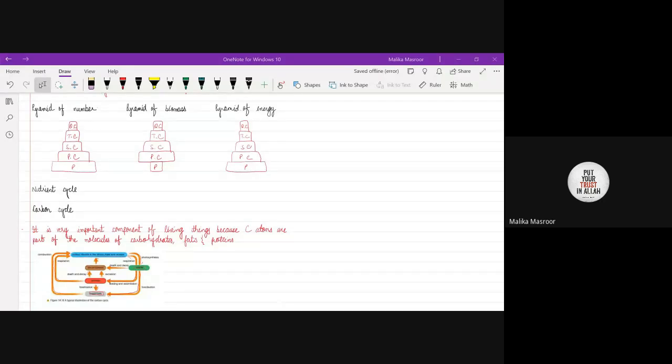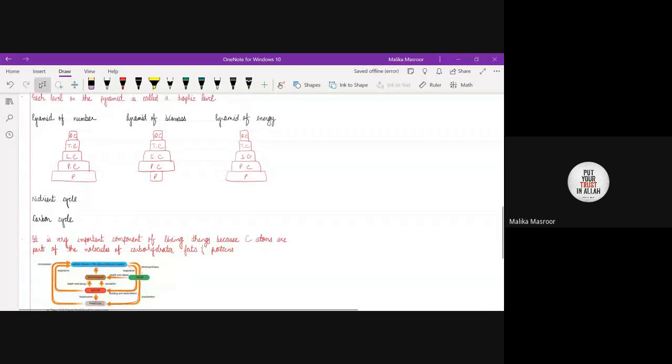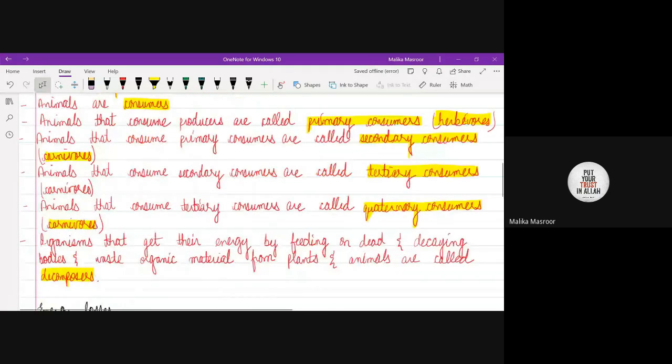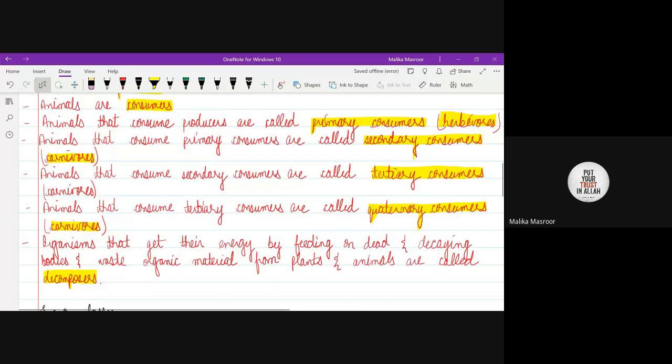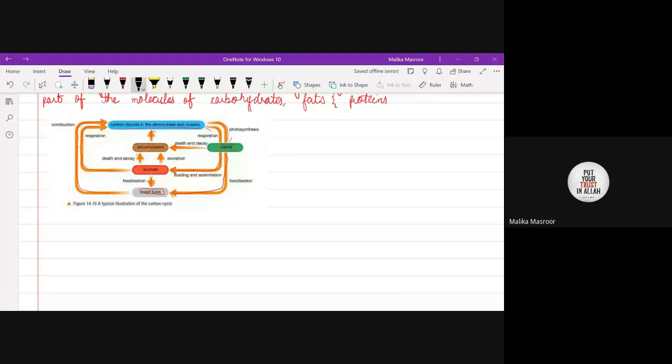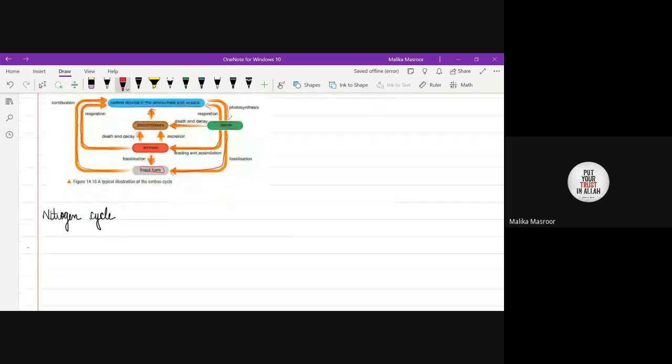Alright, now let's talk about the nitrogen cycle a bit. Okay, so basically, living things need nitrogen to make proteins and also to make DNA.